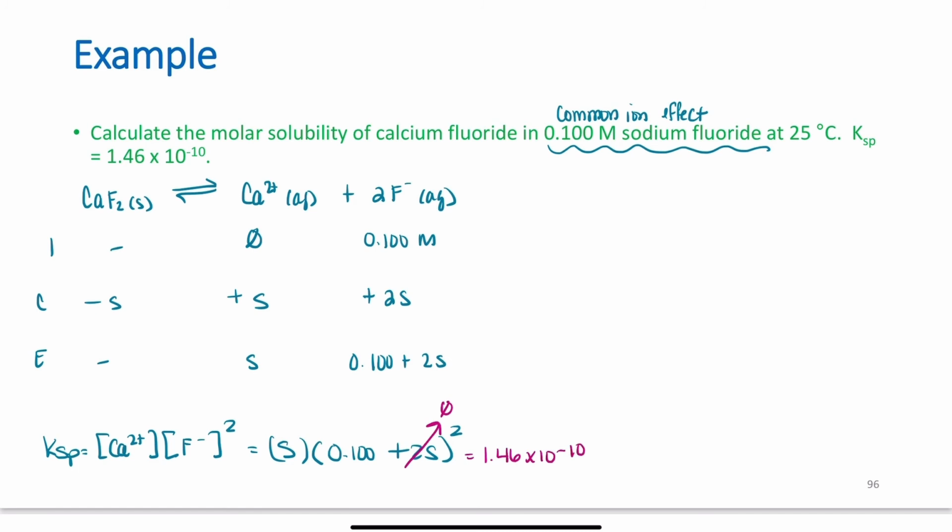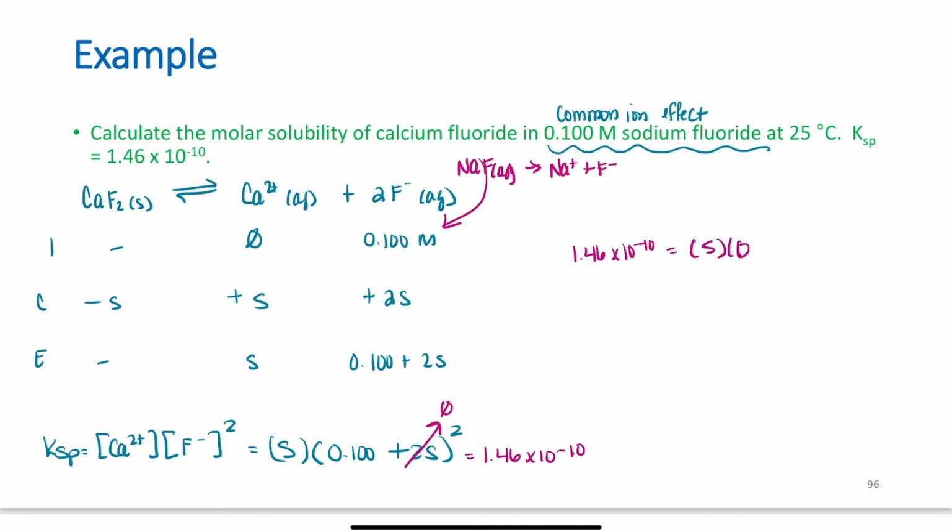Again, how did I know this? Because NaF goes to Na plus and F minus, and they're each 0.1. I'm going to go ahead and keep solving this, though. 1.46 times 10 to the minus 10 is equal to X, or S. I always flip between S and X. It's bad.